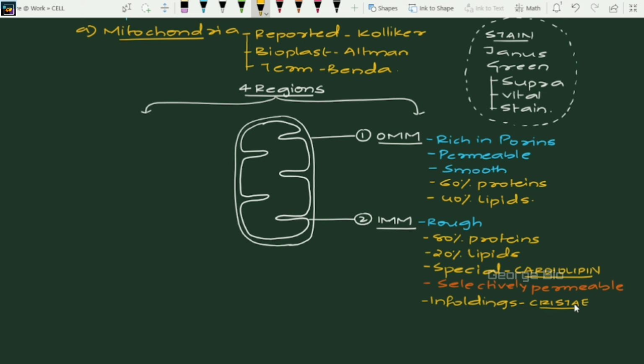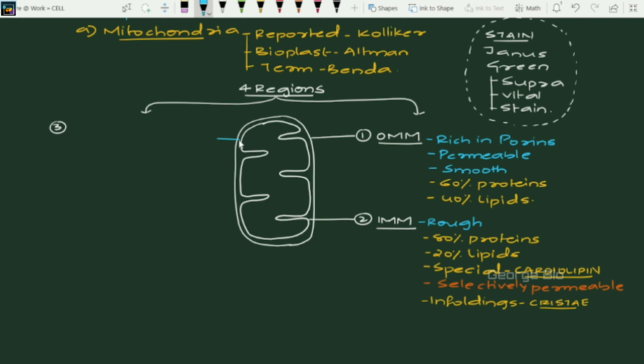So these are the two membrane systems. We'll go with the compartments. Here, if you observe, the two membrane systems have divided the inner region into two pieces. The region between the outer membrane and inner membrane is called the intermitochondrial space, and the entire inside is called the matrix region. So it consists of two regions. I'm taking this as a continuation, number 3.